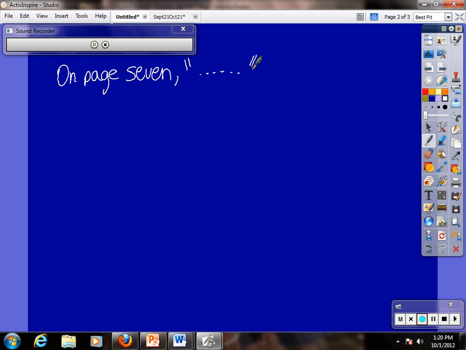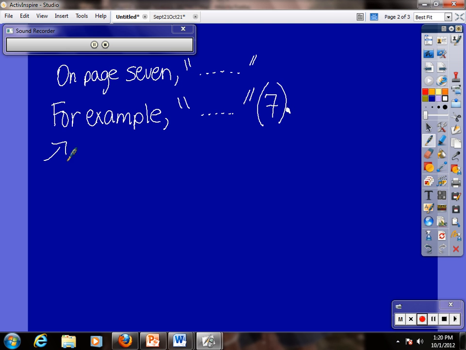I can also turn that around, so use something like, for example, comma, quote, whatever it is the person said, unquote, then I'm going to put in parentheses the page number and then the period after it. So this is for cited material, because you have to use quotation marks for that.